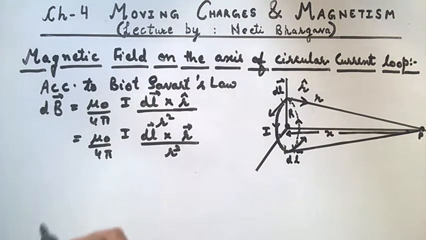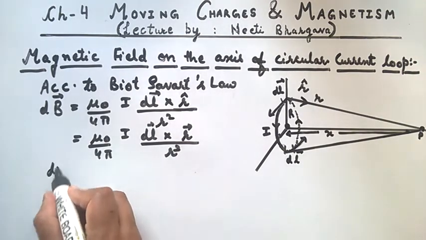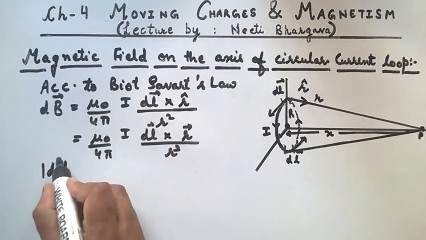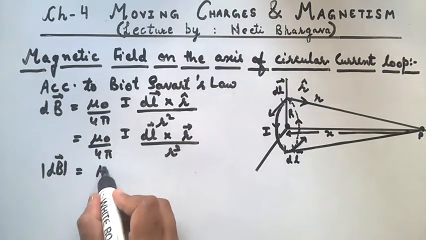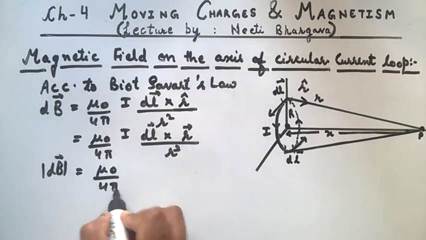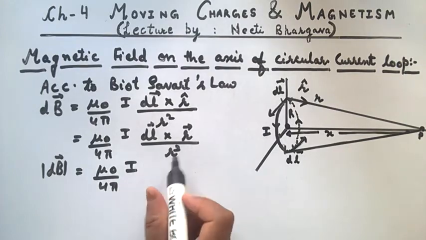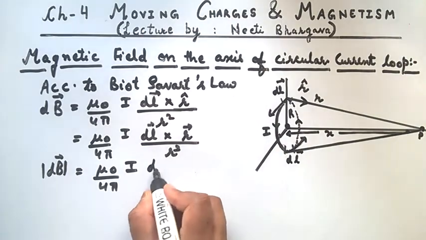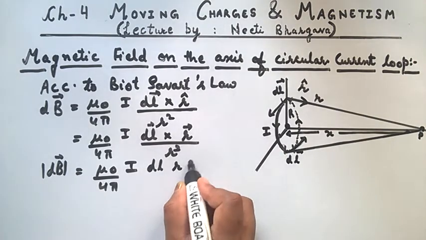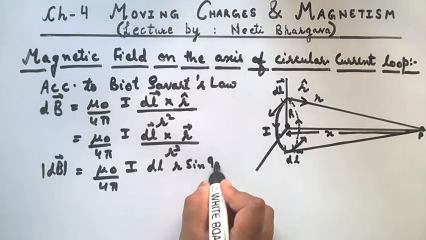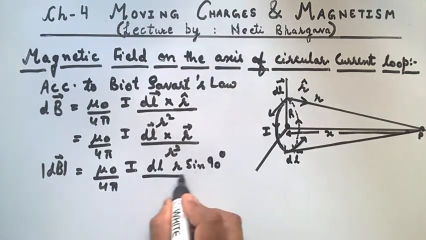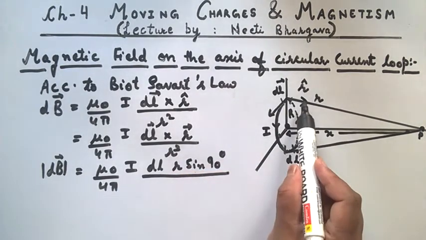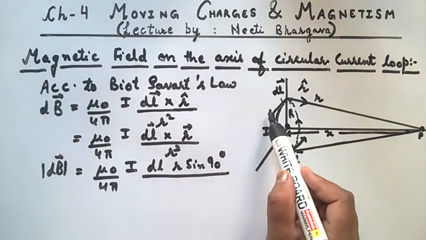In terms of magnitude, mu naught by 4 pi I dl r sine 90 degree. The angle between dl and r, here we can see that they are perpendicularly placed.